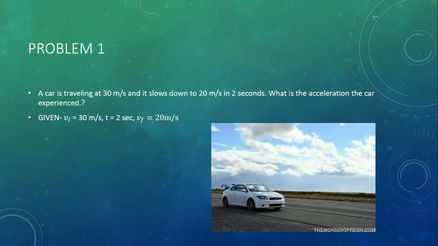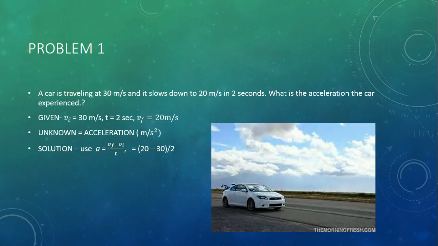We wrote our givens, so the next step is to write your unknown. The unknown in this case is acceleration, because the problem asks what the acceleration is. On the side I wrote the units for acceleration, so when we get our final answer we know what to put, which is meters per second squared.